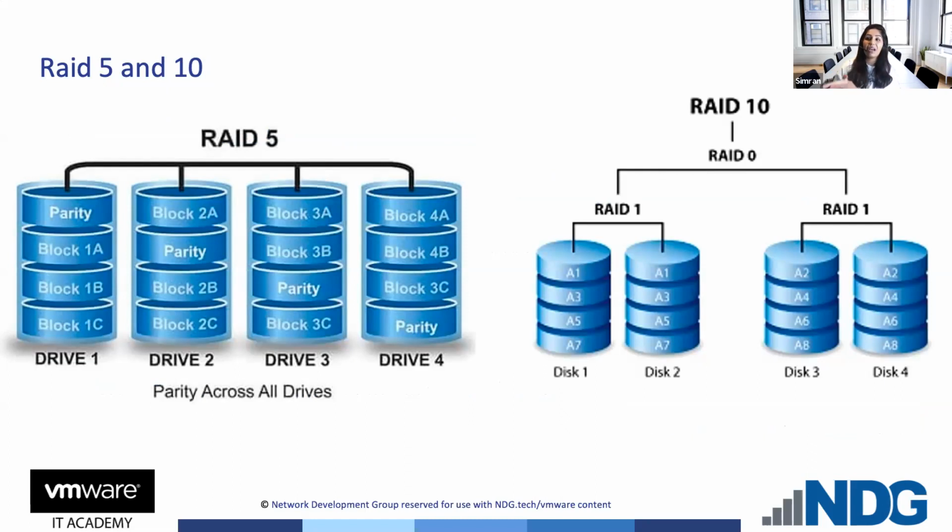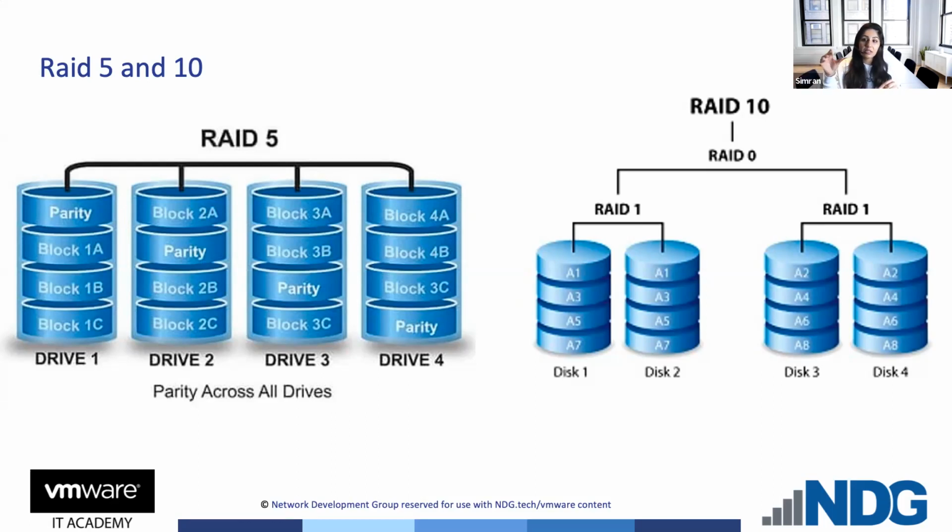With RAID 5, you need to have 3 or more disks, and it's fast, and you can store a large amount of data using the RAID 5 method. So what happens in a RAID 5 setup? Data is not duplicated, but it's spread across multiple disks, right? And in addition to that data, there is another very important piece.